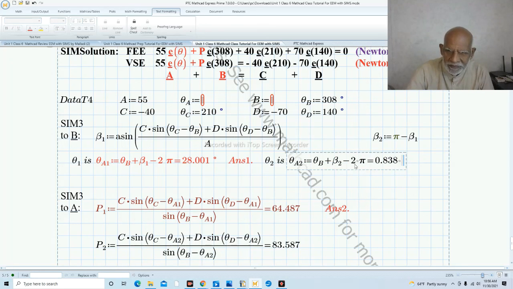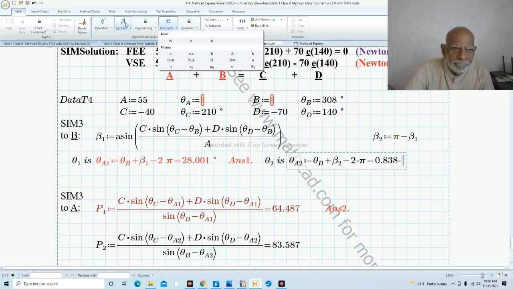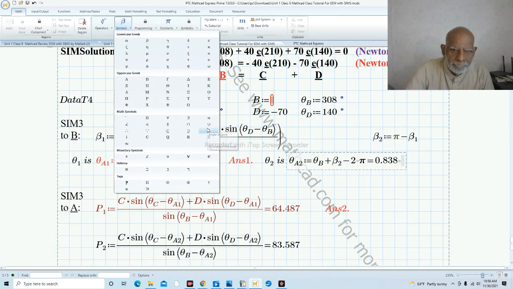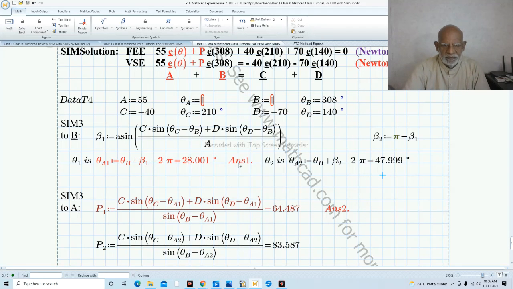So that will be, okay, convert this into degrees, all right. So different angles we are asked to find. We call this answer 1 and we call this answer 2.